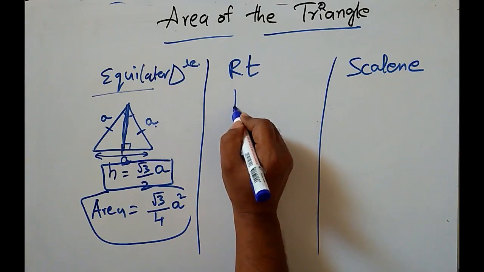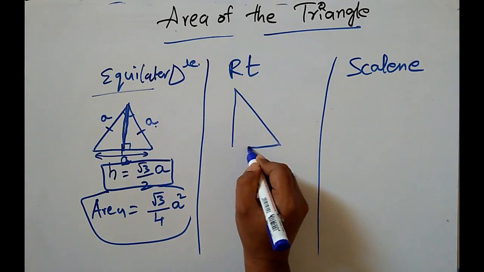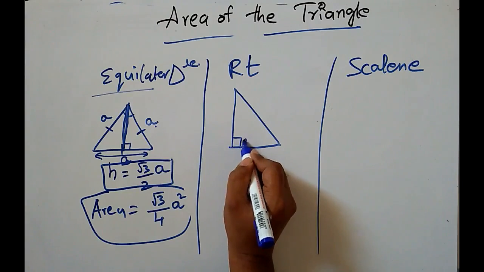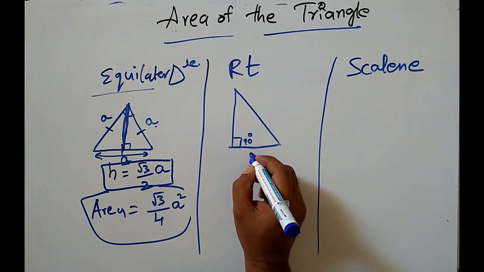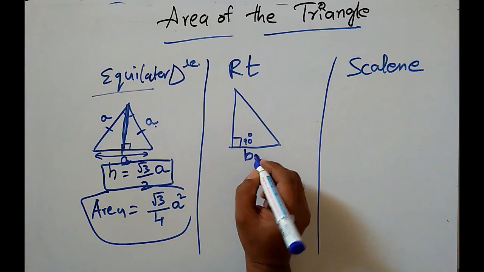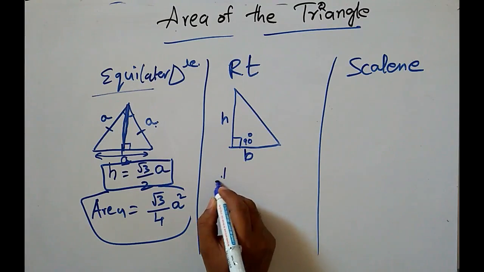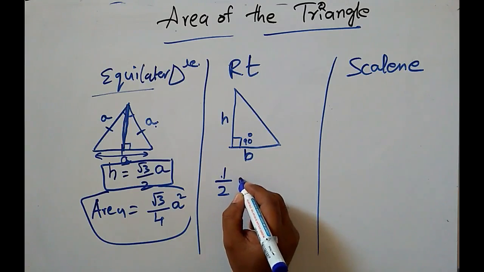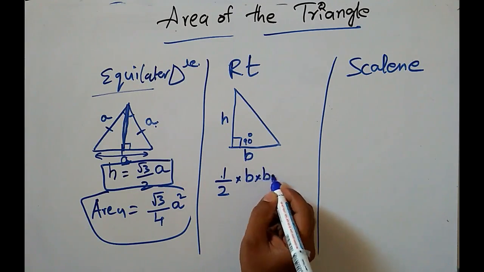For a right angle triangle, what is a right angle triangle? One of the internal angles of the triangle is 90 degrees. If the base is b and the height is h, then the area of the triangle is given by half into base into height.